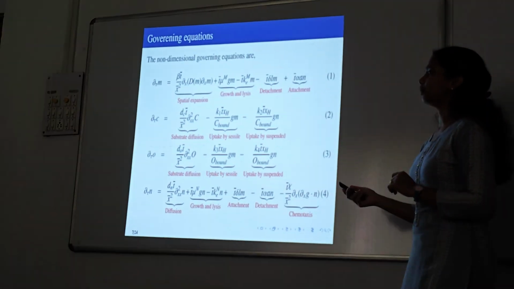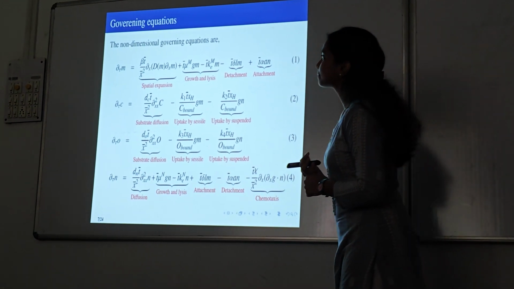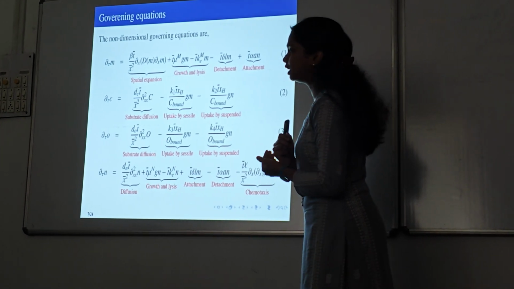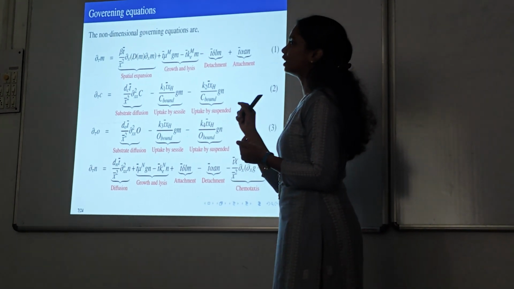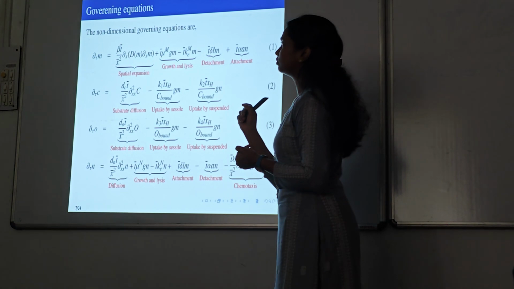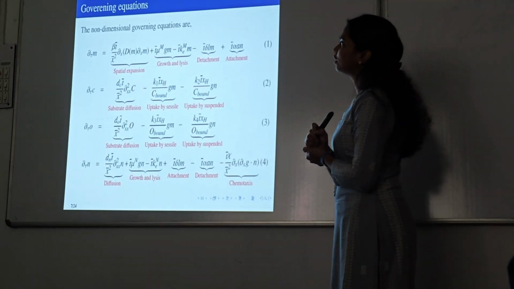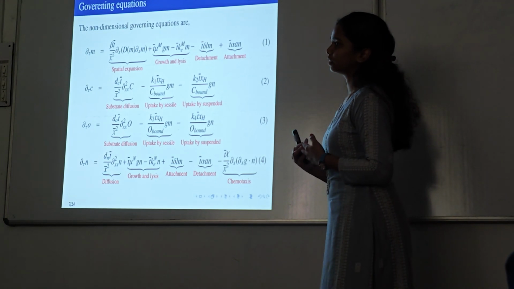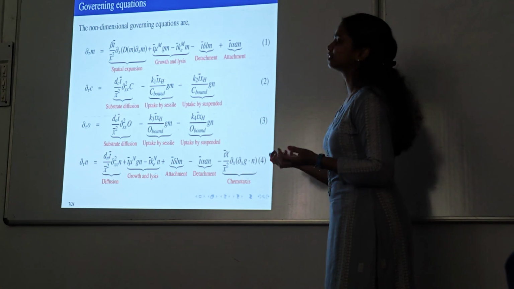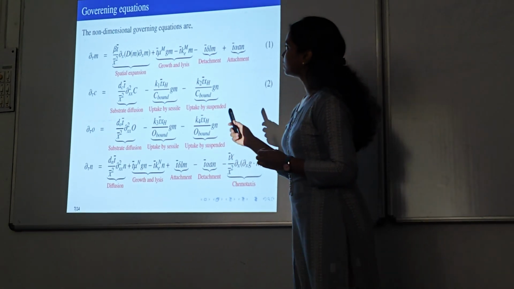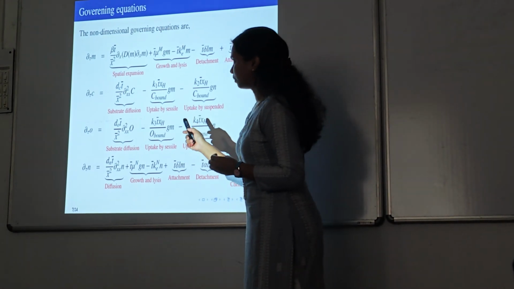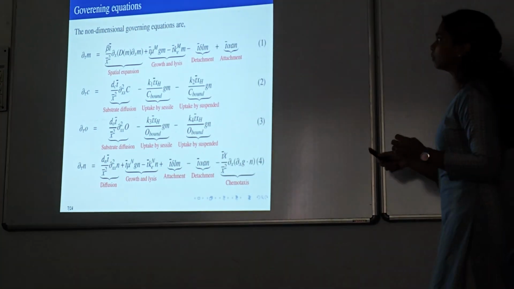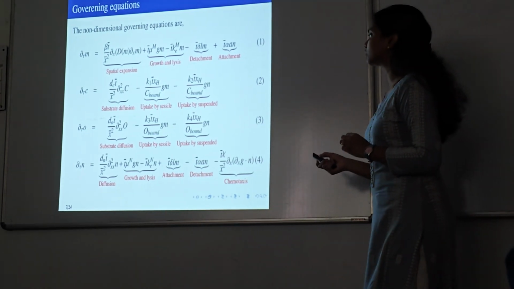So T-bar is used to non-dimensionalize time. T-bar is dimensional, X-bar is also dimensional, but together it becomes non-dimensional. So I'm showing the non-dimensionalized equation.